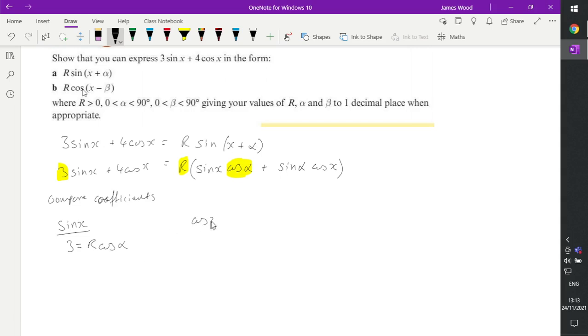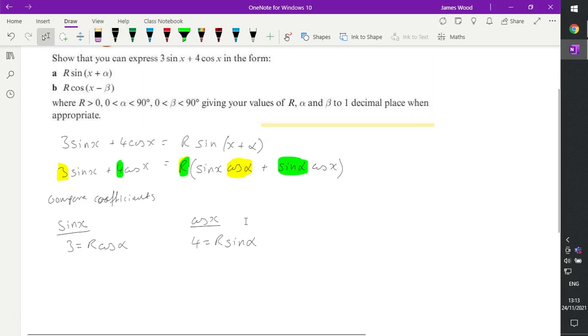I now do the same for cos x. I'm multiplying cos x by 4 on the left. On the right, I'm multiplying cos x by sine alpha, and I'm also multiplying it by r. So I can say that 4 must be the same as r sine alpha.